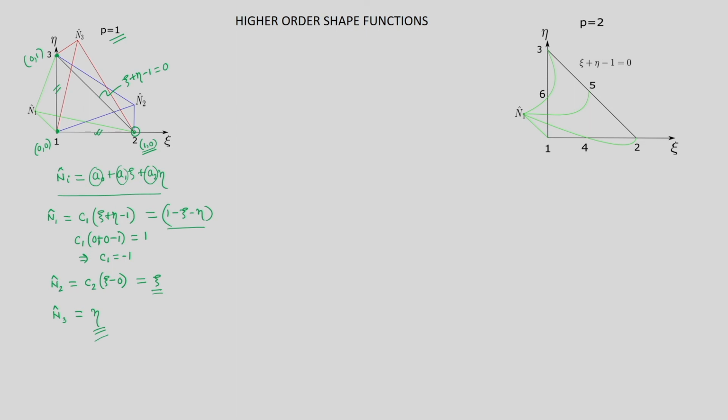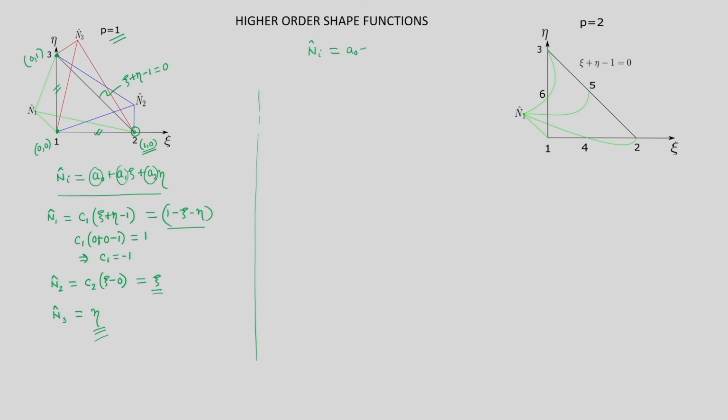Alright. Now let us follow the same strategy and obtain the shape functions for p equal to 2. For p equal to 2, the definition of Ni hat contains 6 terms, as we have seen from the Pascal's triangle.